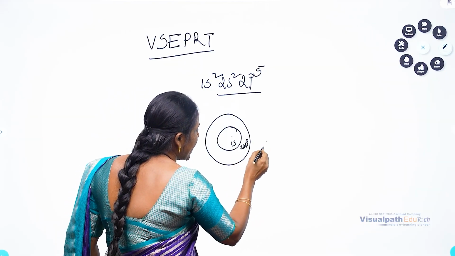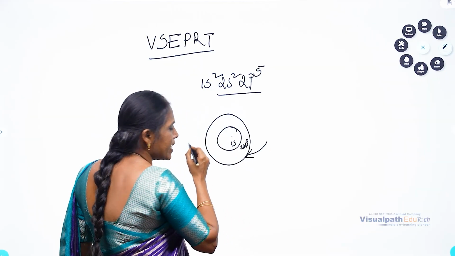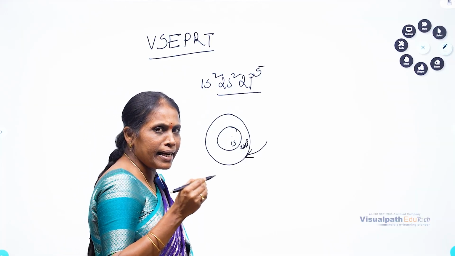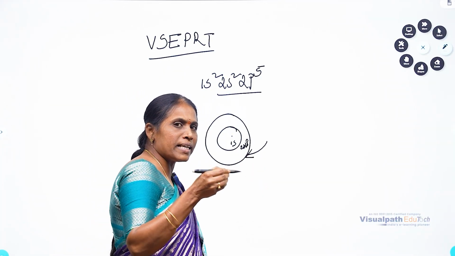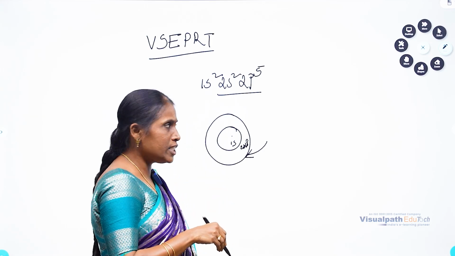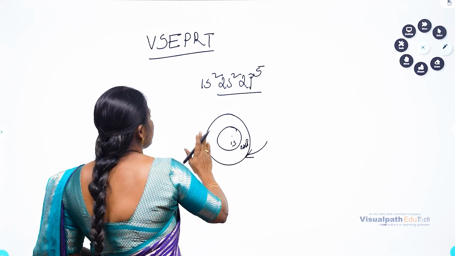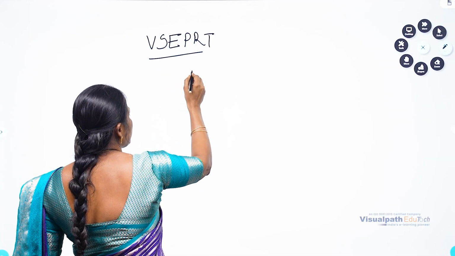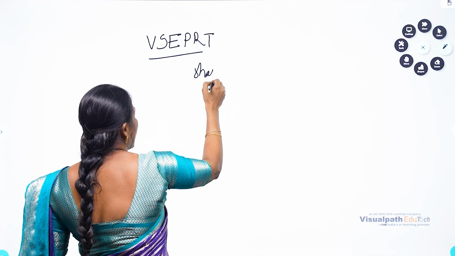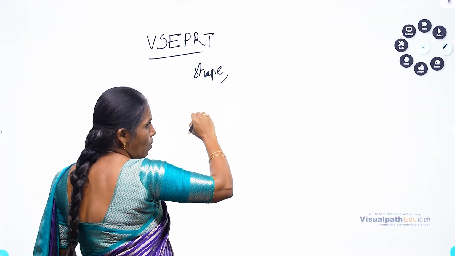The theory mainly explains based on the electrons present in the valency shell. So, this theory is useful to explain the shape and geometry of the molecules.